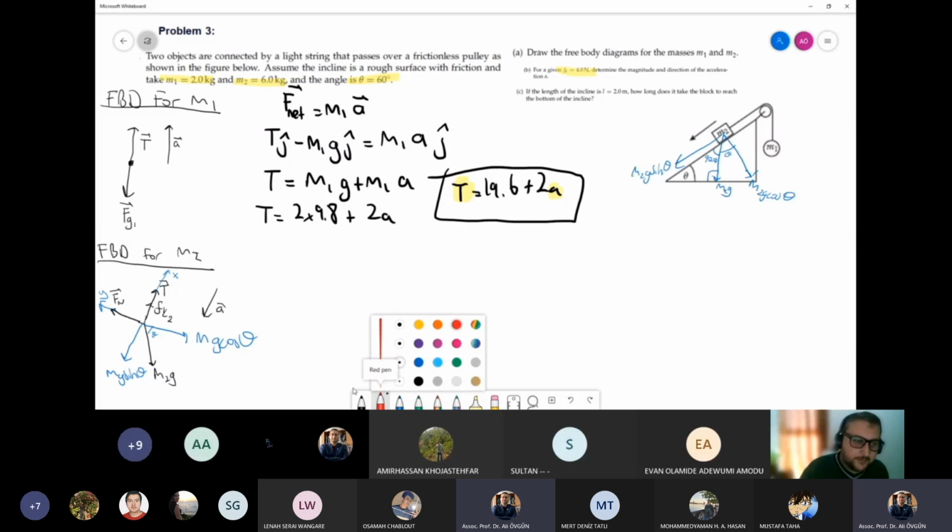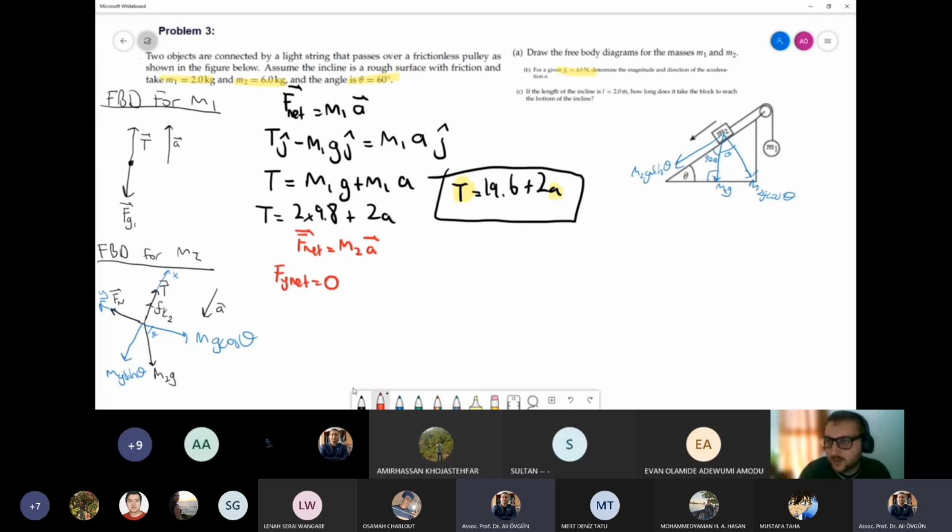If you look at the second object, F net equals m2a. Again, you must divide it into components. First, let's look at the y direction. F y net equals 0 because the object is moving in the x direction. This is the x direction, and this is the y direction.